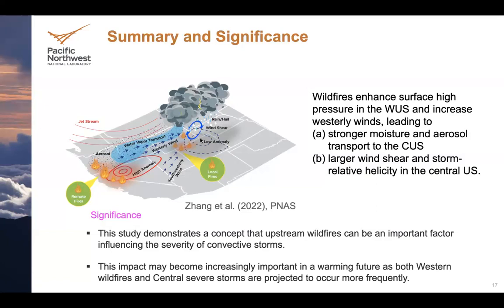This impact may become increasingly important in a warm future, as both the western wildfires and the central severe storms are projected to occur more frequently, because the fire peak season occurs much earlier.